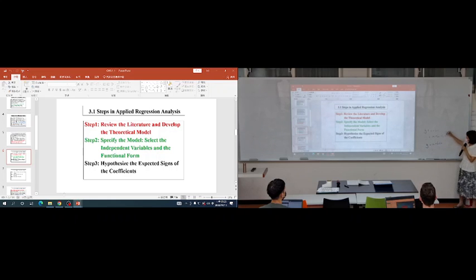Is the functional form of equation 1 the same as the functional form of the third equation?